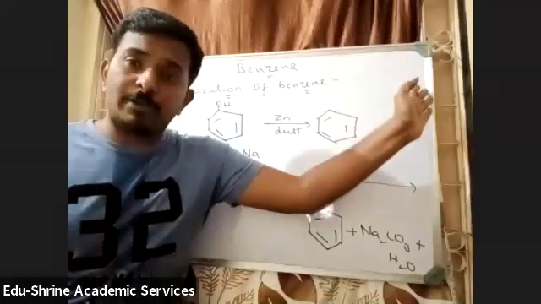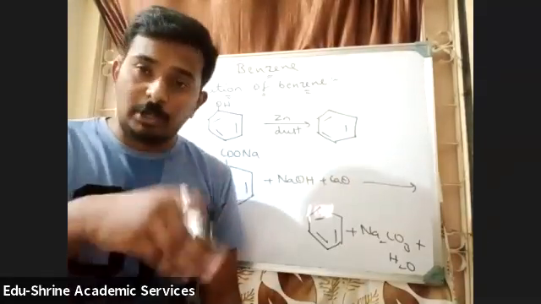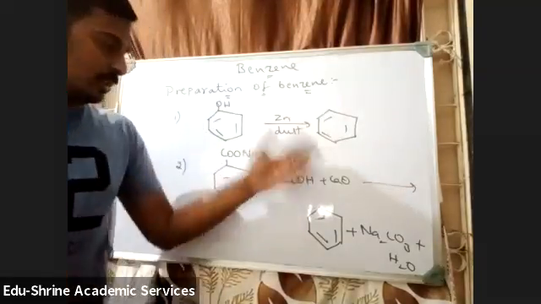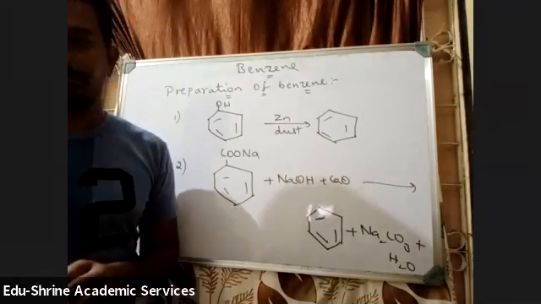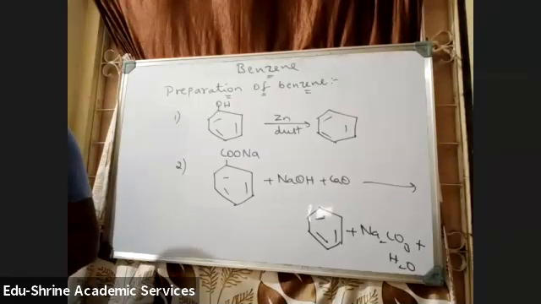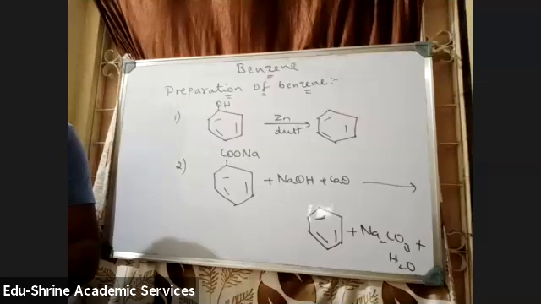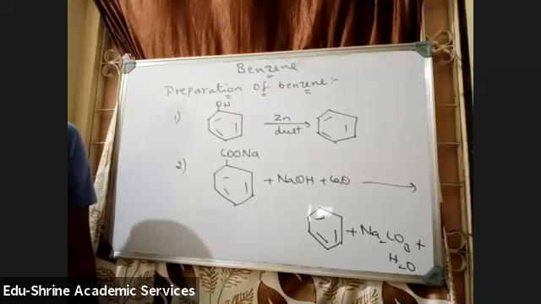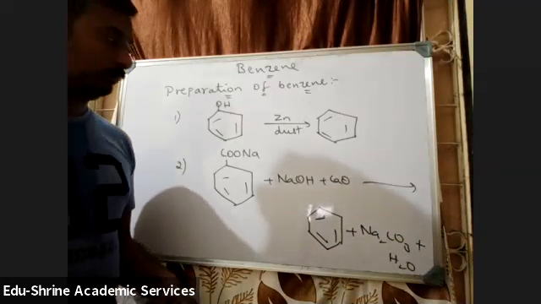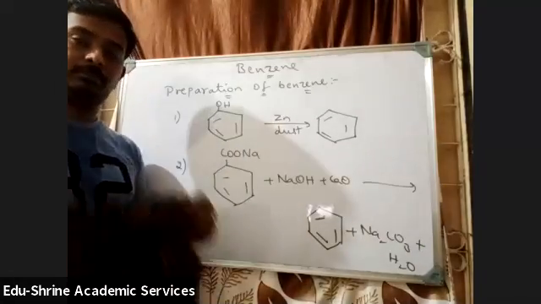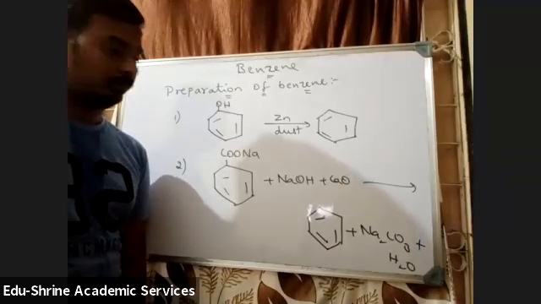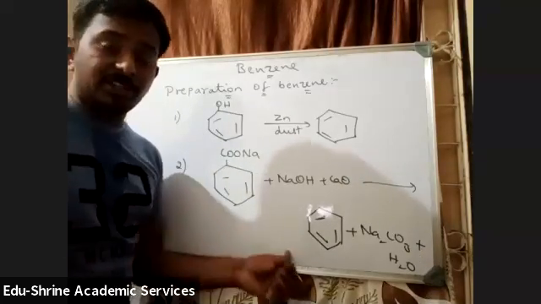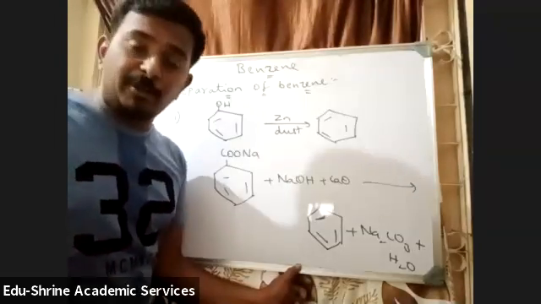Then one more method we have seen before: ethyne on cyclic polymerization gives benzene. So all these are the methods of preparation of benzene. One reaction we have just written, that is cyclic polymerization of ethyne.